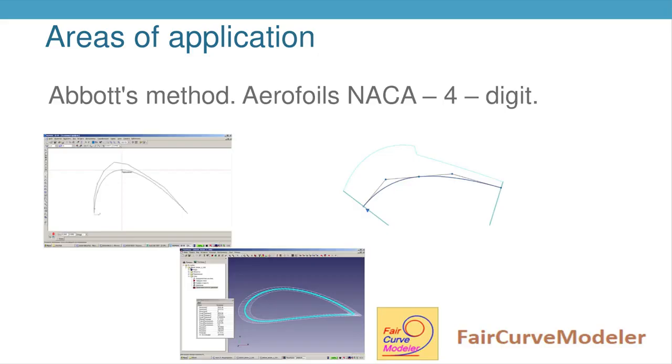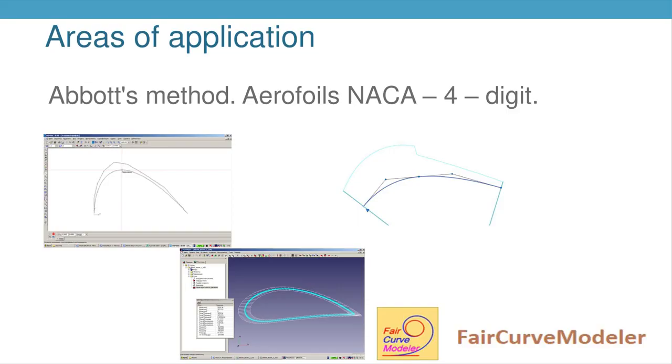Abbott's method for modeling airfoils NASA 4-digit uses a reference profile as Bezier curve of 8th degree, which is then superimposed on the profile's midline. The midline in the method is modeled as a 2nd degree Bezier spline curve of 1st order of smoothness.